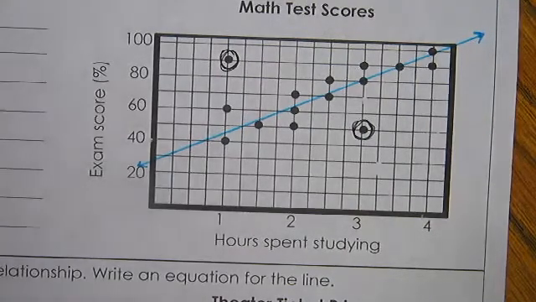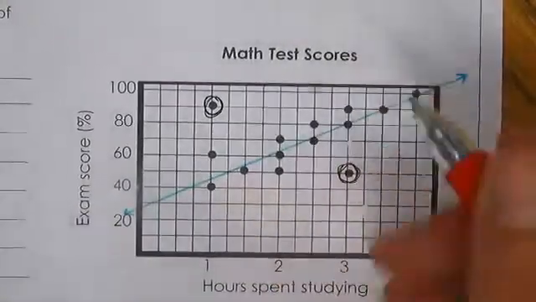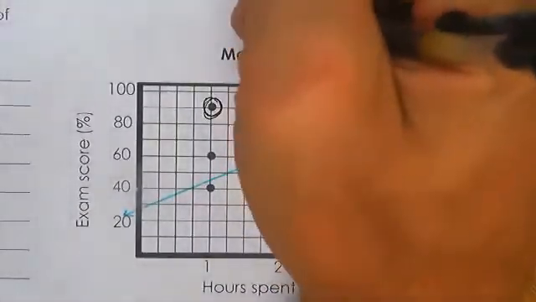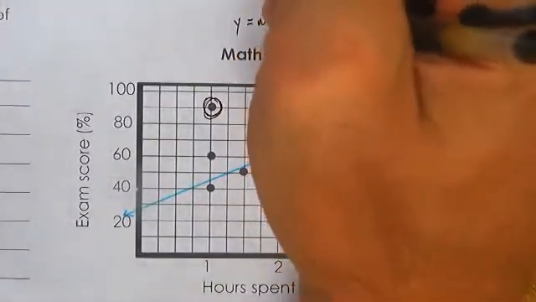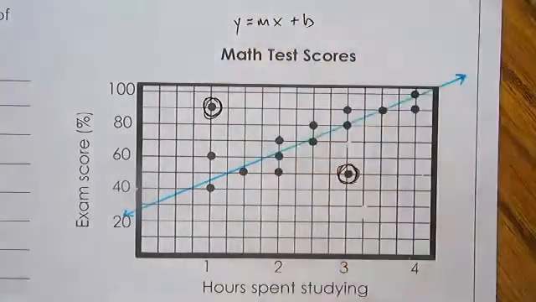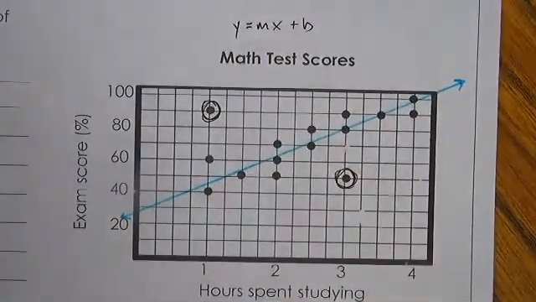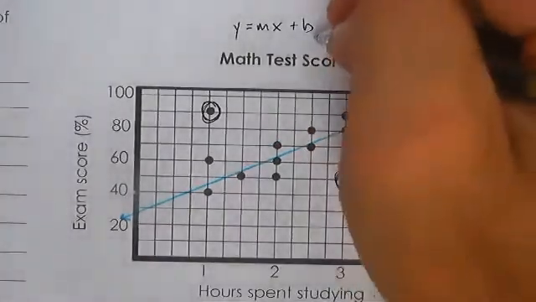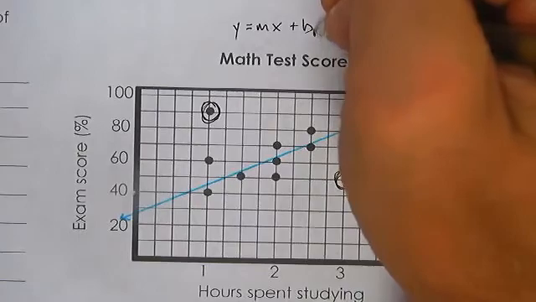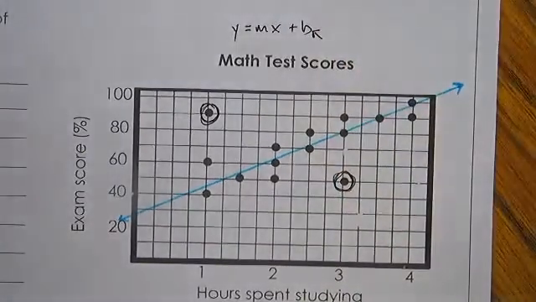But let's go back to thinking about how do we create a mathematical equation? How do we use something in the form y equals mx plus b to describe this graph? All right. So if you look at this, should be the easier one. That's going to be our y-intercept.